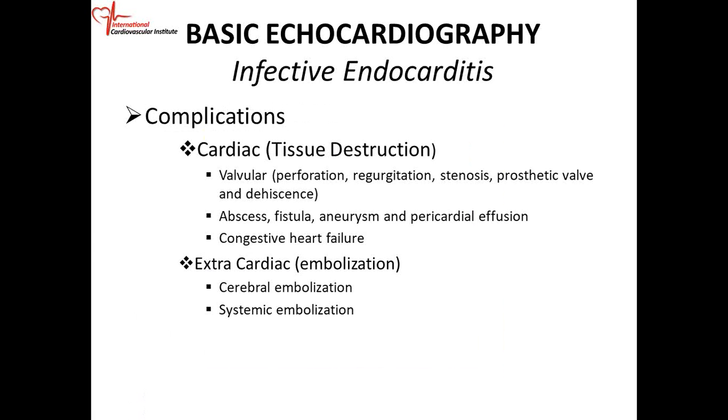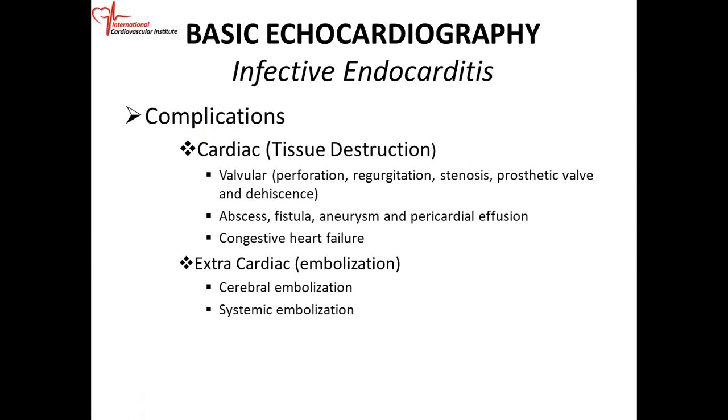For prosthetic valves, the important thing there is dehiscence, because remember, you have to sew these prosthetic valves in place. And if the whole thing becomes infected, then the sutures can rupture. And so you can have dehiscence of the valve.